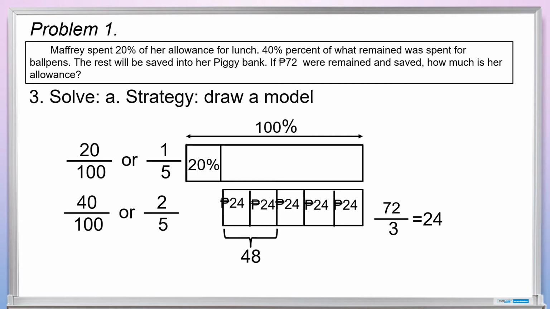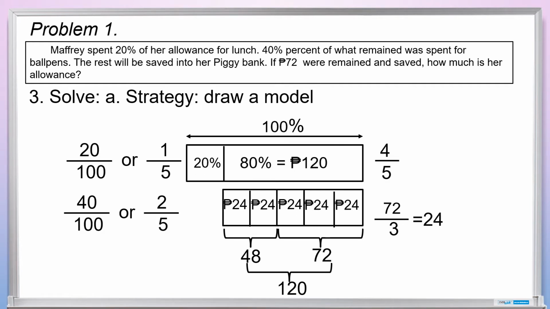Let's add 48 and 72 to get the whole part. So 48 plus 72 equals 120. And 120 is equal to 80%.